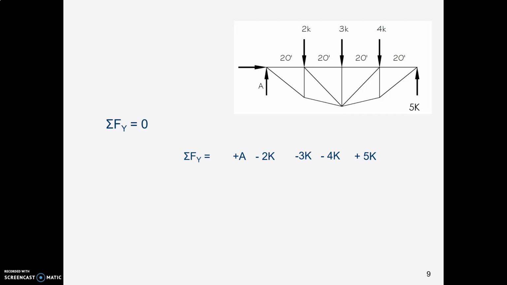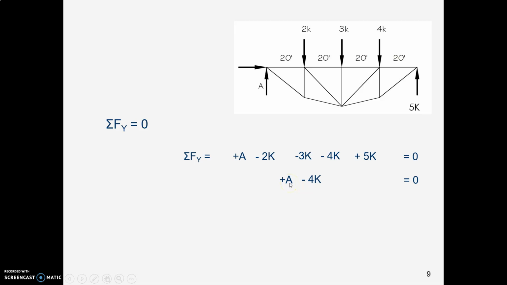And what does that all add up to? It all adds up to 0 because this thing is in equilibrium. All right, so let's get our calculator again and smush all these numbers together. -2, -3, -4, +5. We come up with, we've still got our A there.